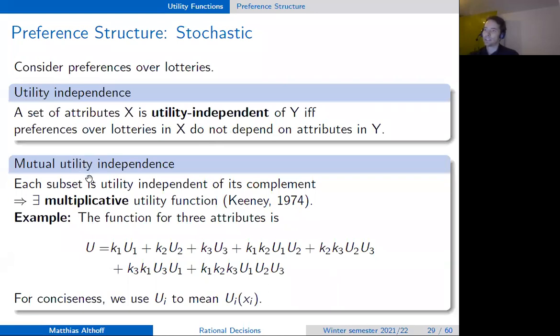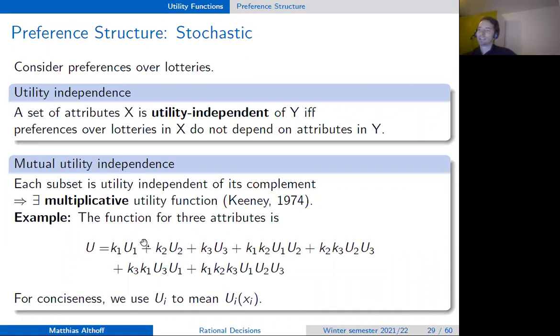So if each subset is utility independent of its complement, then there exists this multiplicative utility function discovered in 1947 by Keeney, which is more complicated, of course, than this additive value function.